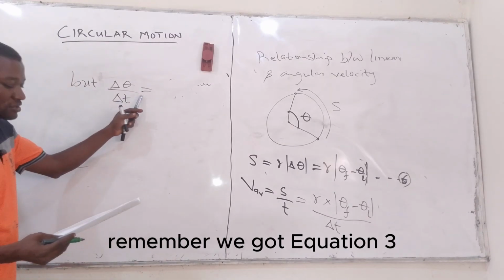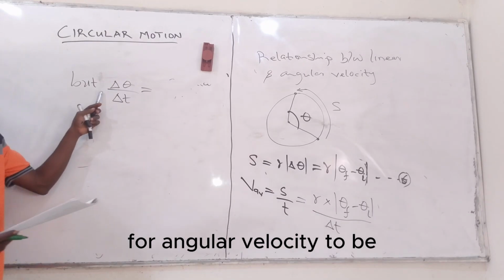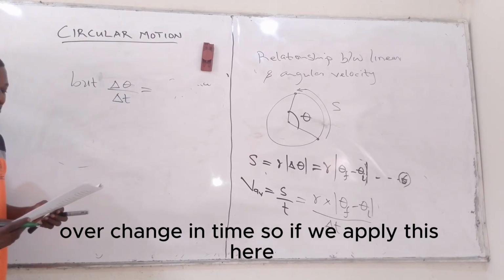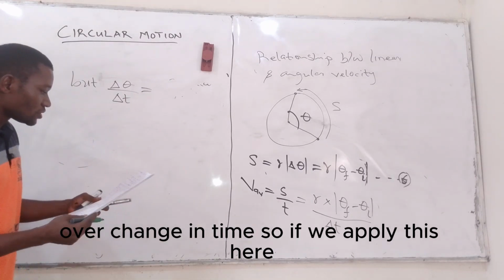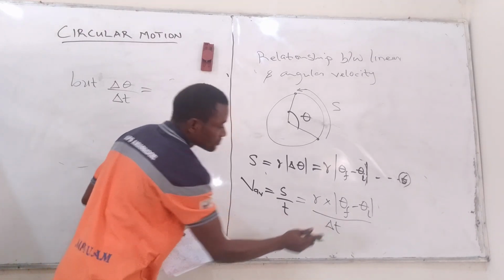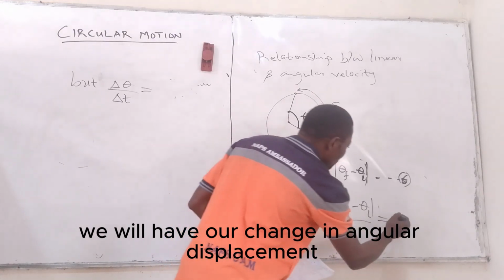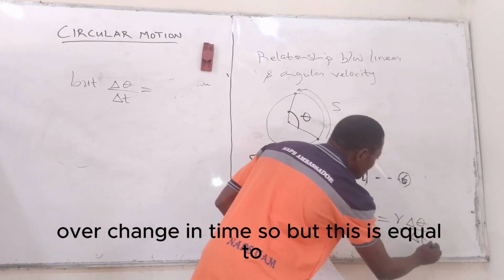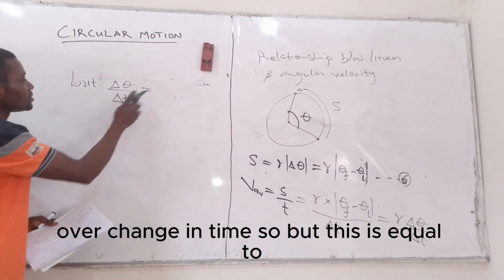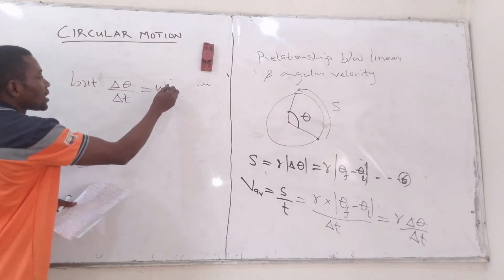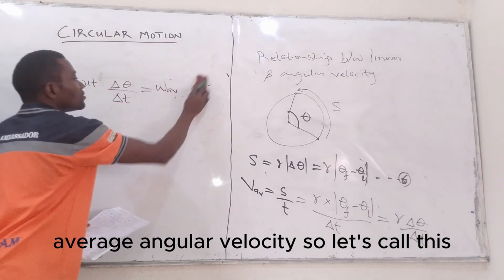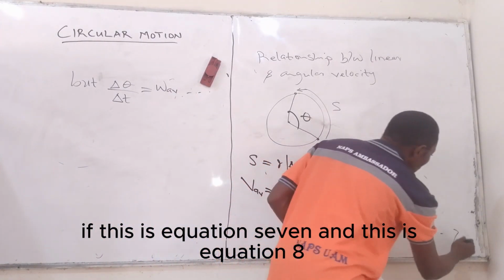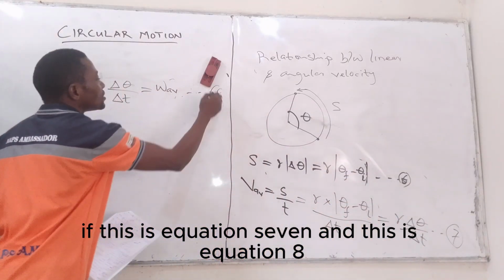Remember, we got equation 3 for angular velocity to be change in angular displacement over change in time. If we apply this here, we will have change in angular displacement over change in time, which is equal to the average angular velocity. Let's call this equation 7 and this equation 8.